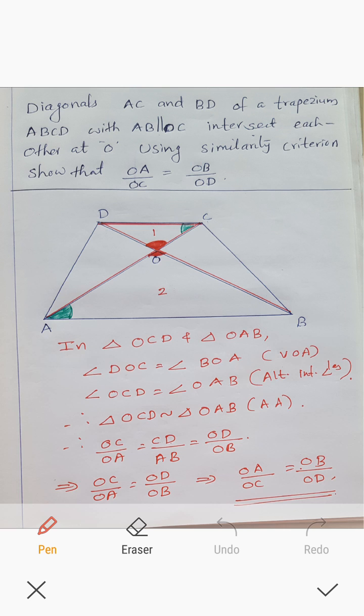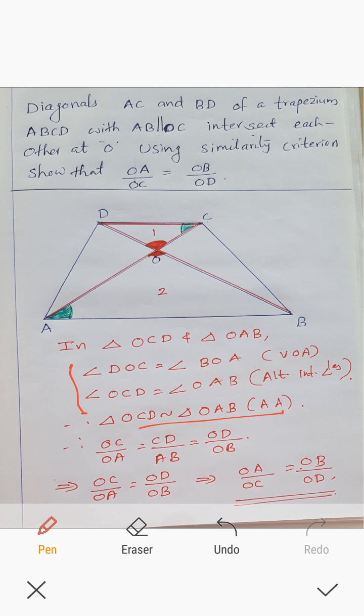In triangle 1 and triangle 2, we got angle DOC equal to angle BOA, vertically opposite angles, and angle OCD equal to angle OAB, the green color. These two are equal, they are alternate interior angles. So since two angles are equal, the triangles are similar by AA similarity.